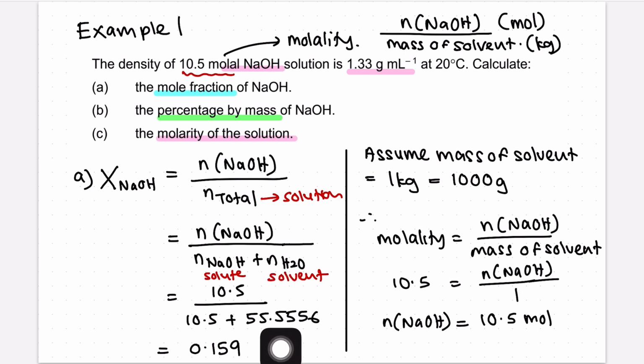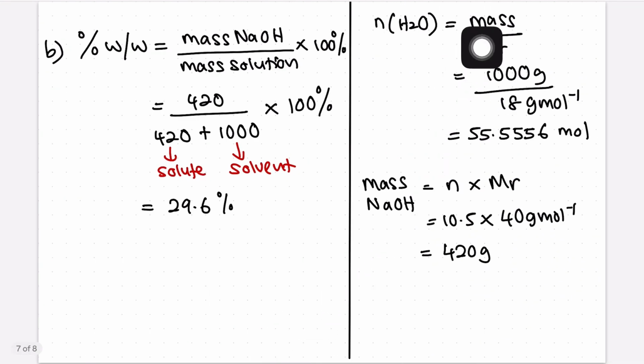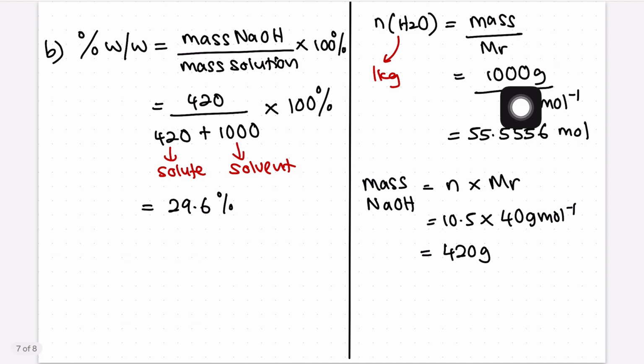Now let's look at the number of mole of water. How did I get this value of 55.555? So how do we find number of moles? The easiest way is we do mass divided by molar mass. Since we have assumed the mass of solvent to be 1 kg, if you remember, just right before, we now can change it into 1000 grams and divide it by the molar mass of water, which will give me 55.5556.